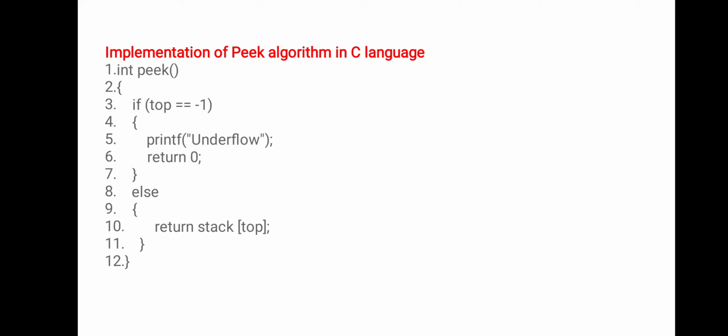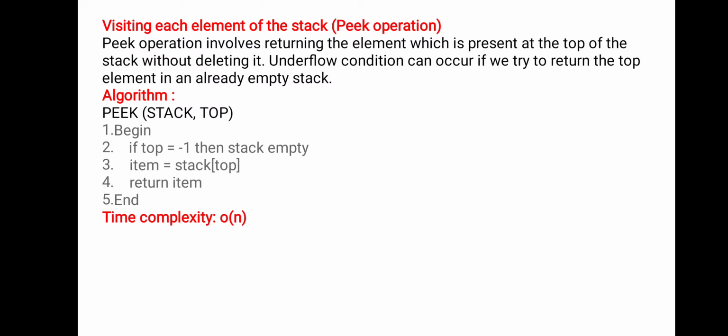Here, the implementation of peek algorithm in C language. There is a difference between algorithm and implementation. Implementation is nothing but code. Algorithm means a step-by-step process for solving the given problem. In an algorithm we write only steps in the form of English language.